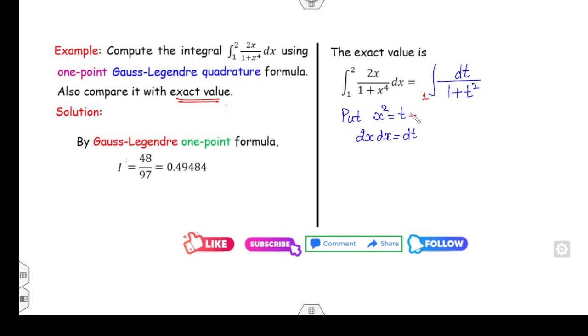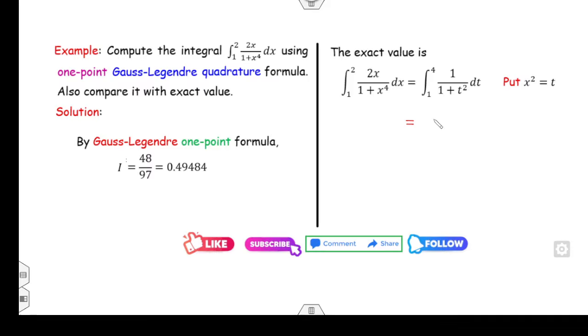When x is equal to 2, t will be 4. Therefore, by using the substitution, your integration becomes tan inverse of t from 1 to 4. So that will be tan inverse of 4 minus tan inverse of 1.